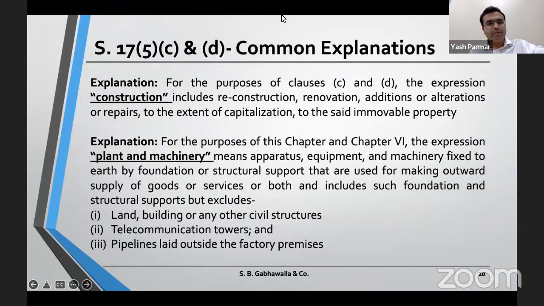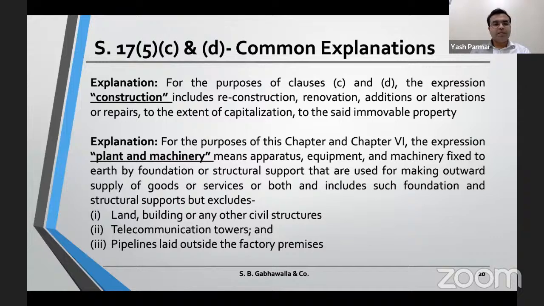Now there are two explanations to this particular clause. Both these explanations are very important because they define two terms: first, construction, and then plant and machinery. Let us quickly read out the definitions as given in the explanation to section 17.5c. The term construction is defined to include reconstruction, renovation, additions, or alterations or repairs to the extent of capitalization to the said immovable property.